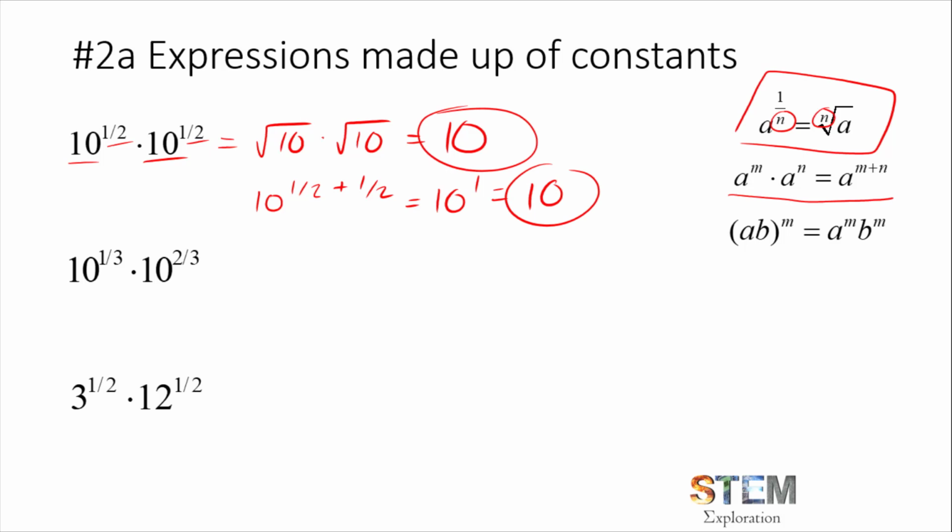So again, a simple way to take something that's a little bit more complicated and make it simpler. Another circumstance where we can use this is where the base is the same for both numbers, but the powers are different.